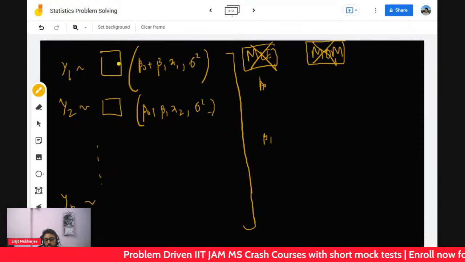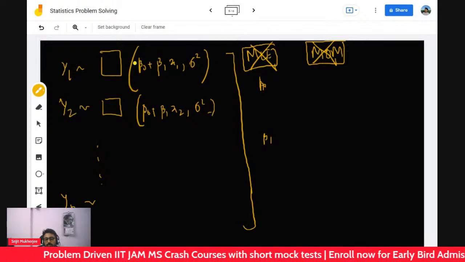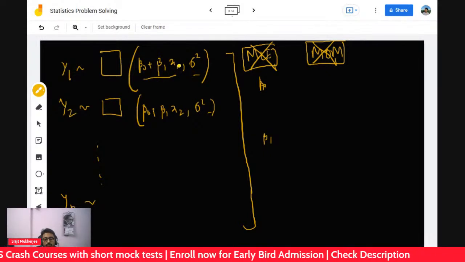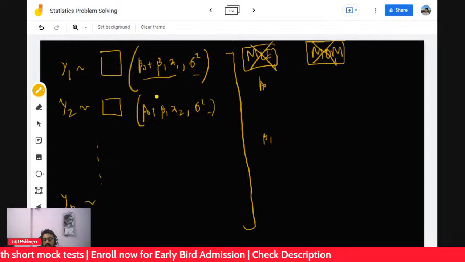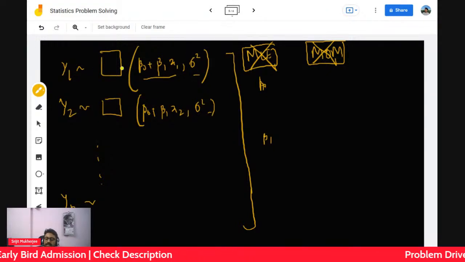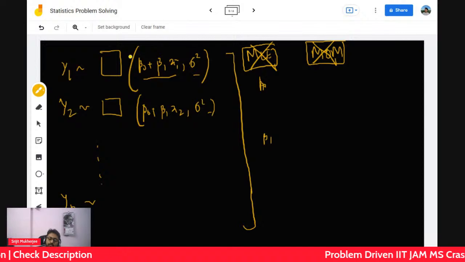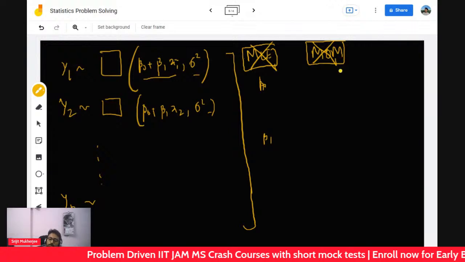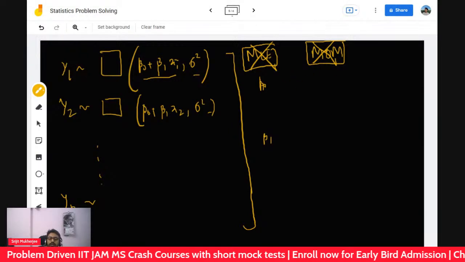Because we don't know the distribution, so just the mean and variance will not suffice. The sample variance will be equal to sigma square, and the sample mean will be equal to this, but we have two variables, beta naught and beta 1, so we need two equations. So MOM will also not be a good option here.